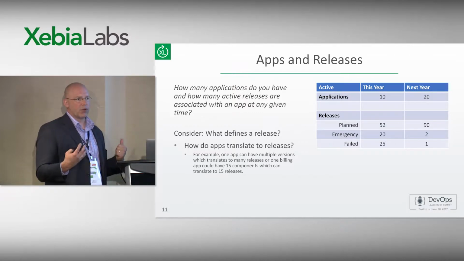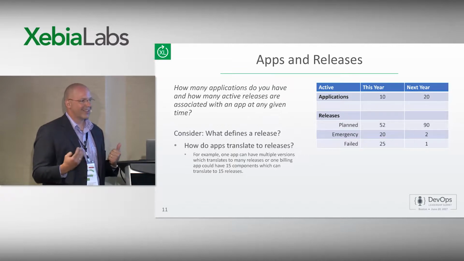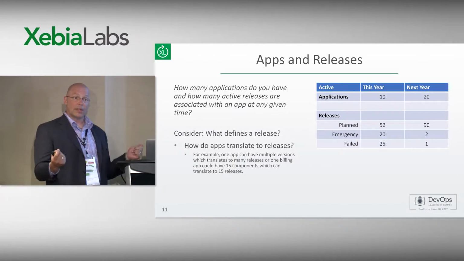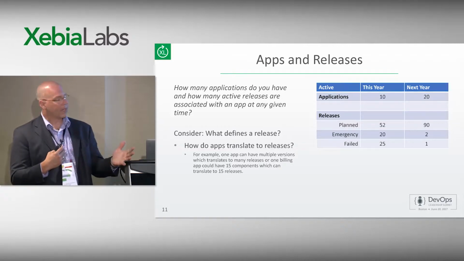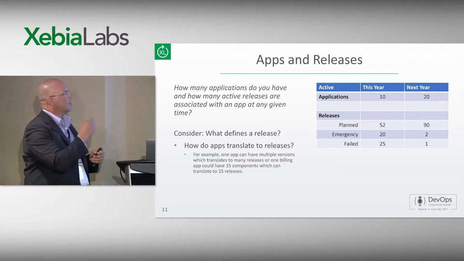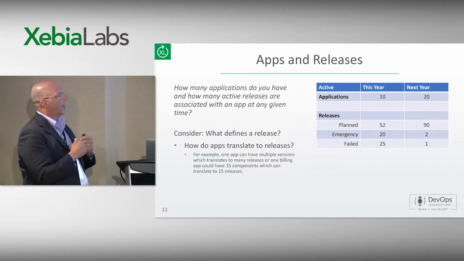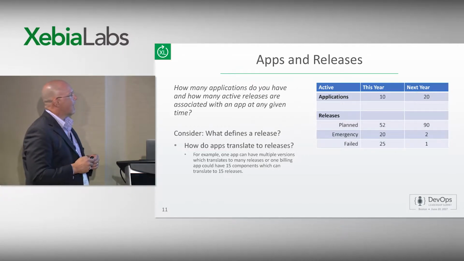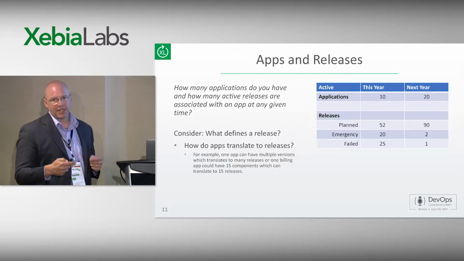This is an important part of your goals. Everyone says, I want to do triple the releases next year. That's a good goal, but what does it really mean to your organization? Does it mean all releases? Is it the teams that are transforming? If we do some simple calculations, this year we're currently supporting 10 applications, next year it'll be 20, and then we want to define what a release is.